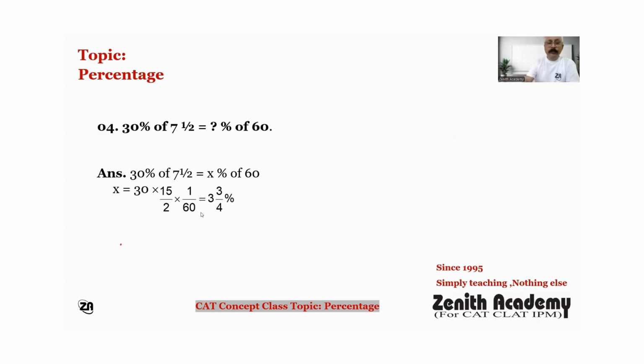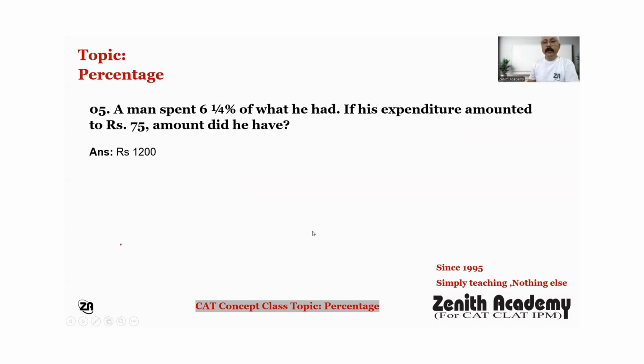Now see the next question. A man spent 6 and 1 by 4% of what he had. If his expenditure amounted to rupees 75, how much amount did he have?